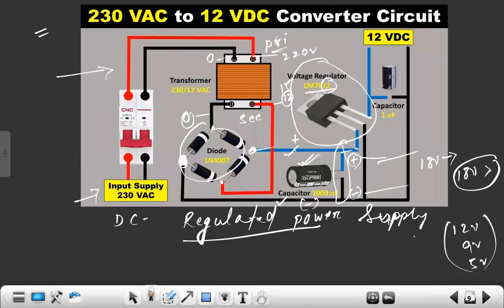So the circuitry seems to be this. We apply 220 volt to the primary, and we'll get, for example, 0 and 15 volt or 0 and 12 volt, the secondary AC. This bridge rectifier rectifies AC into DC, and this is pulsating DC, not pure DC.